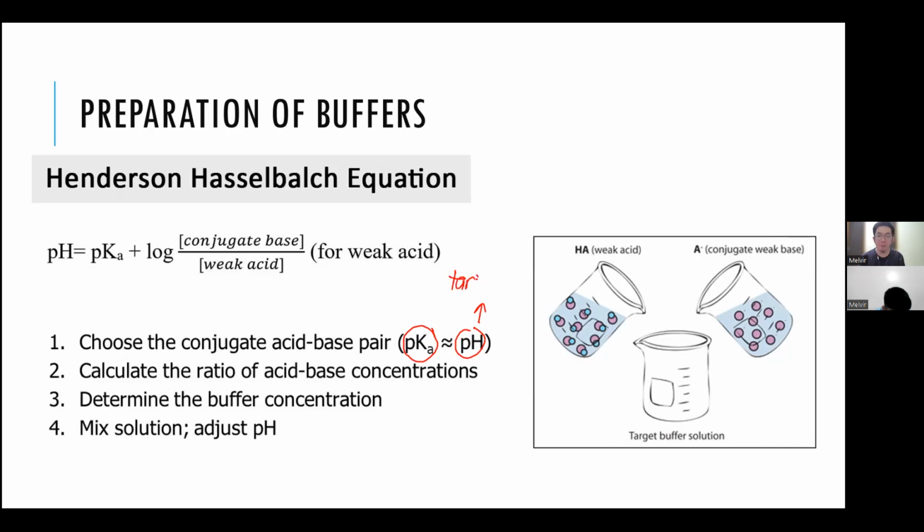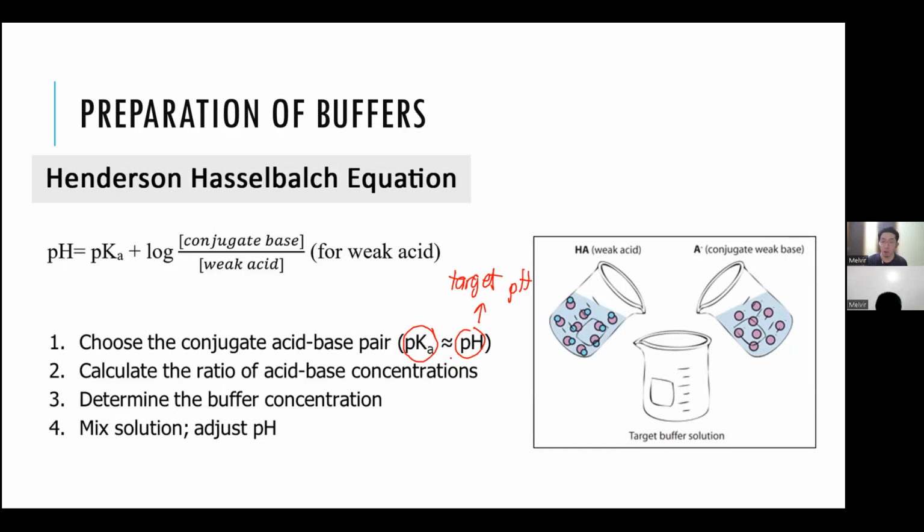Pakitandaan yan, Josh. Kung target pH mo ay 7, okay dito ang phosphate buffer. Ngayon, hahanapin mo na yung conjugate base niya.